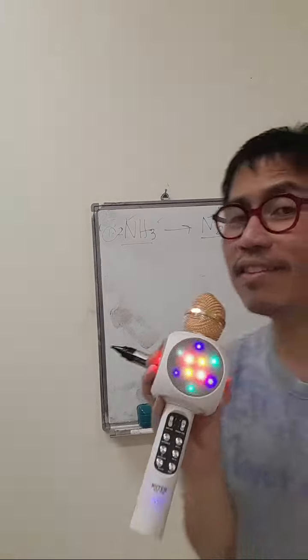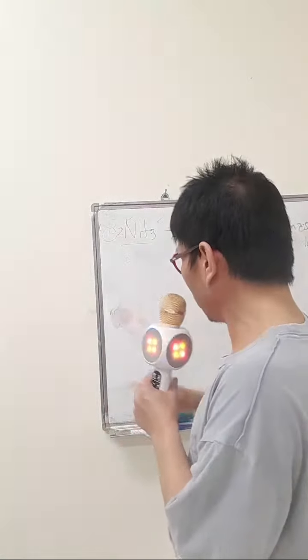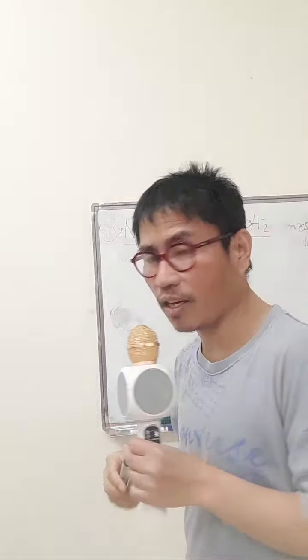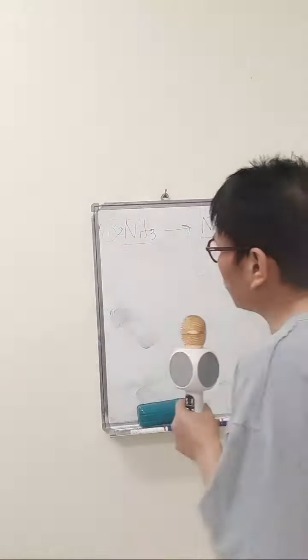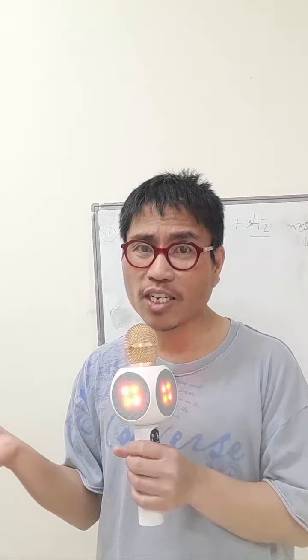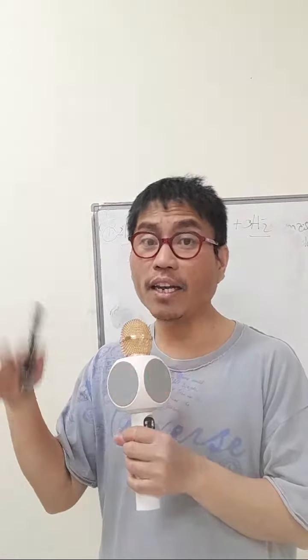This is known as the Haber process. This will come out in the board examination or any examination in the future. It will just be like this: a process that will decompose ammonia to nitrogen and hydrogen gas. A, B, C, D, E none of the above.